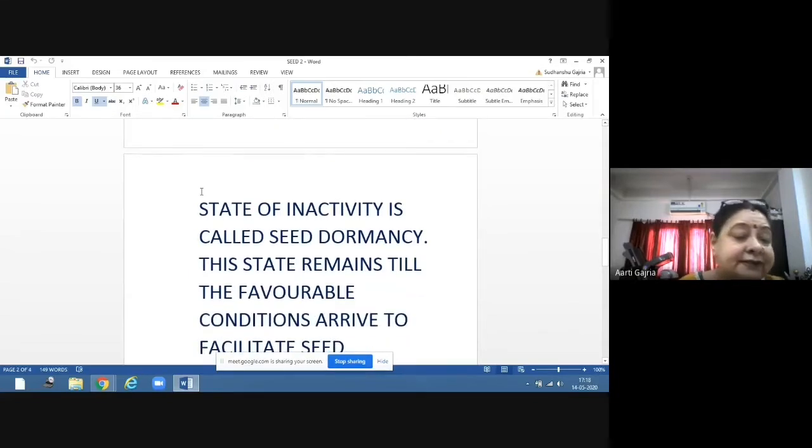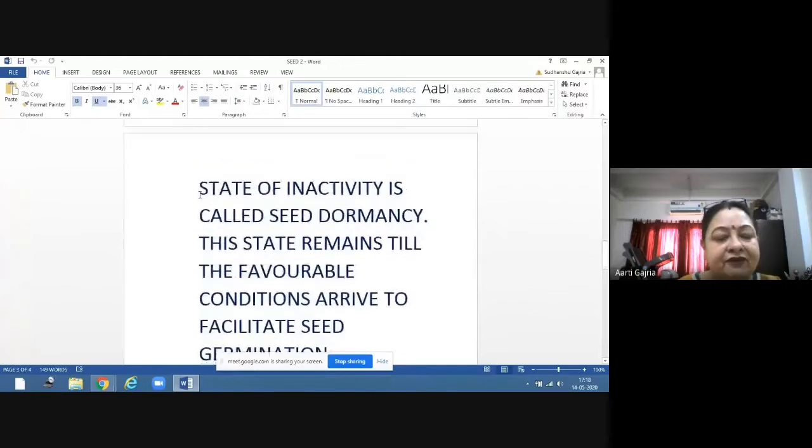This inactive state persists till the favorable conditions arrive to facilitate seed germination. What are the favorable conditions for the seed to germinate? An adequate quantity of water, air, and a suitable temperature.